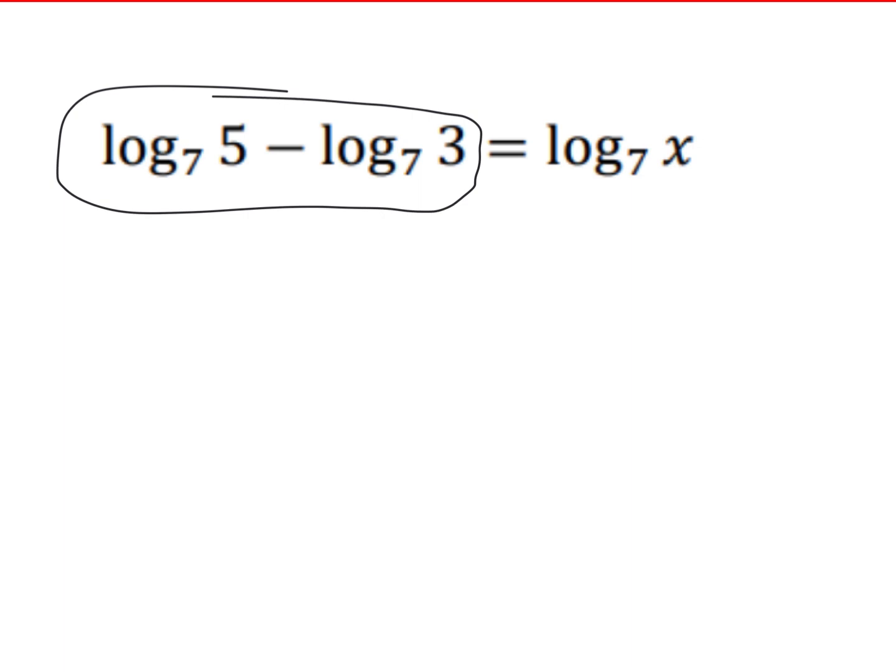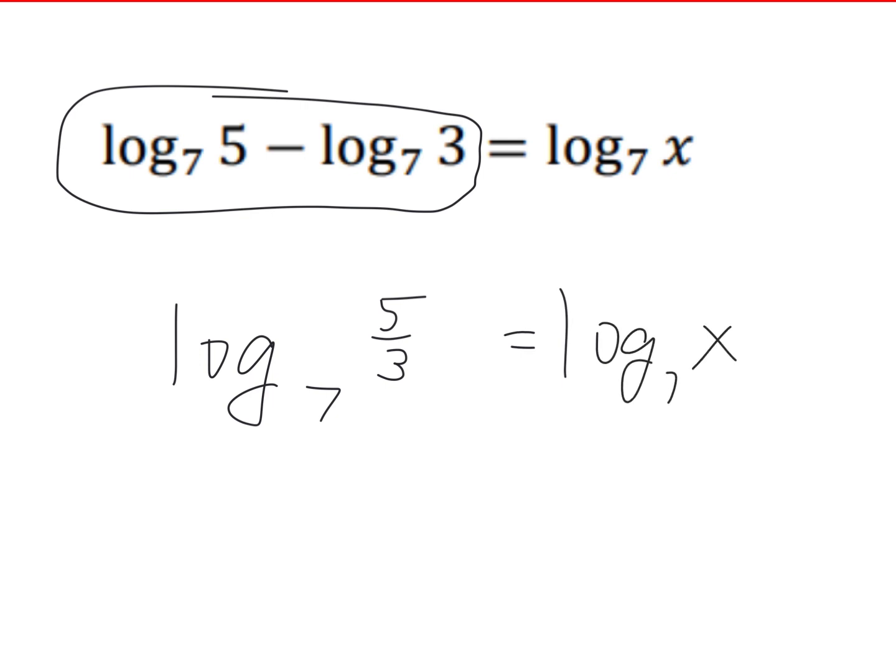Do you remember that deal where if you're subtracting them, you do one thing? And if you were adding them, you do something else? We're subtracting them, so I use log base 7, and then what? 5 divided by 3, very good. And this one comes down and it's log base 7 of x.